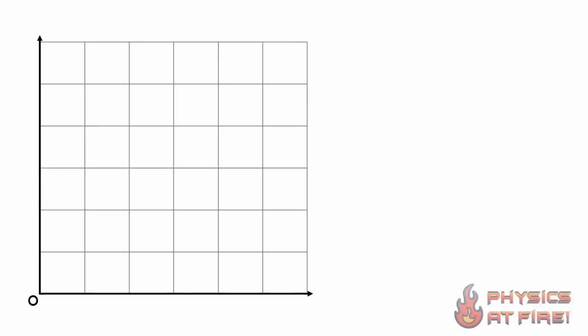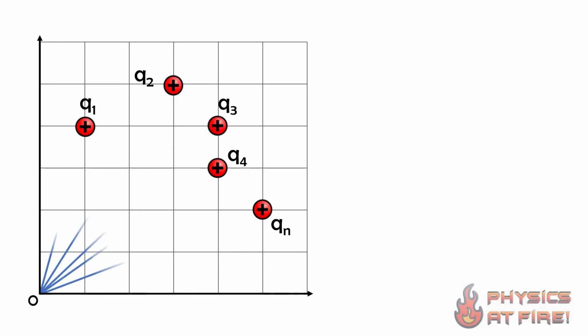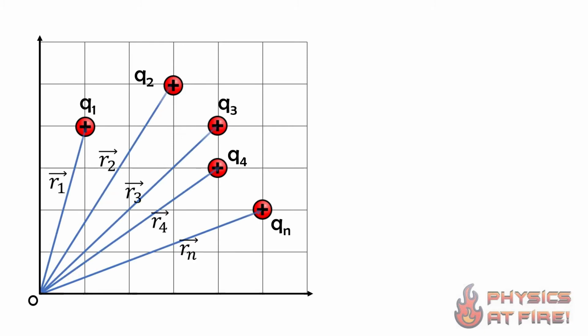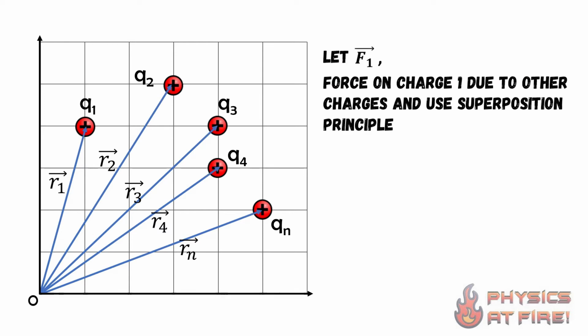Let's suppose we have multiple charges in a system, like Q1, Q2, Q3, Q4, and so on, up to Qn, and let's denote their position vectors as R1, R2, R3, and so on, up to Rn. Now, let's have F1 for the force on Q1 due to other charges and use the superposition principle.